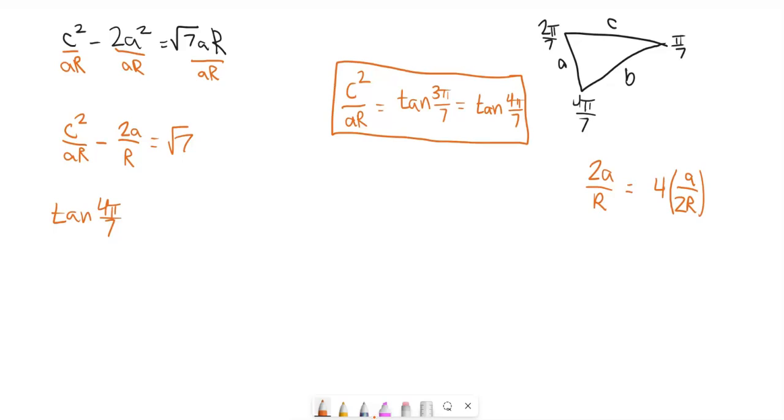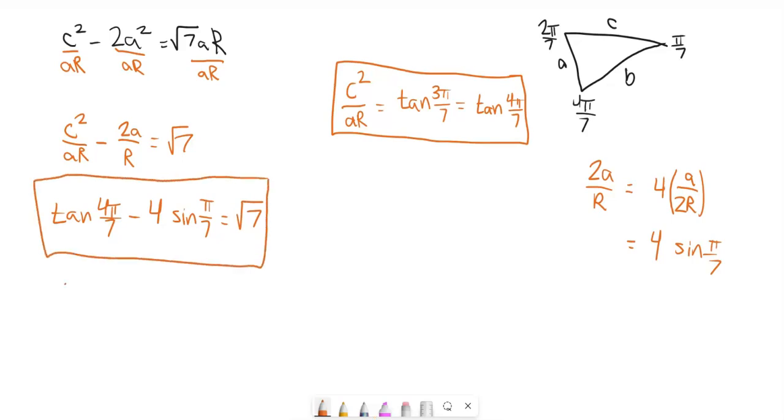The 2 on the top goes to the bottom because 4 divided by 2 is 2, and that original 2 is in the numerator. But as you notice, a over 2r is equivalent to the sine of pi over 7. So the tangent of 4 pi over 7 minus 4 times the sine of pi over 7 equals the square root of 7.